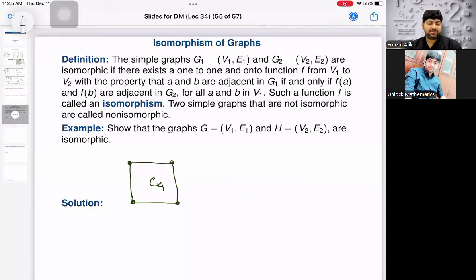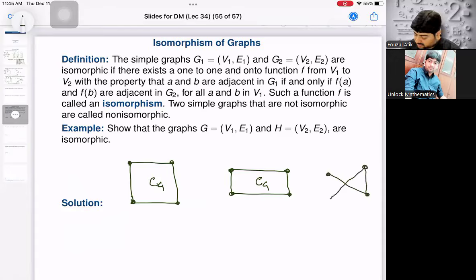Now, this graph, one can also draw in this way, so it looks like a square, or a rectangle. But it is still a cycle graph C4, because it has 4 vertices, 4 edges, and they are connected in a kind of ring. So it is C4. I am drawing another graph, maybe this one, this one, this one, and this one.